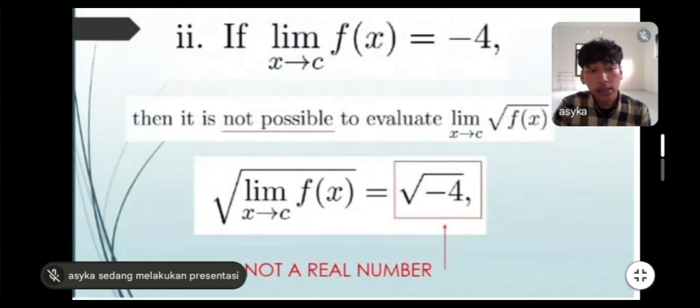Another example, if the limit as x approaches c of f(x) equals minus 4, then it is not possible to evaluate the limit as x approaches c of the root of f(x), because minus 4 is not a real number.